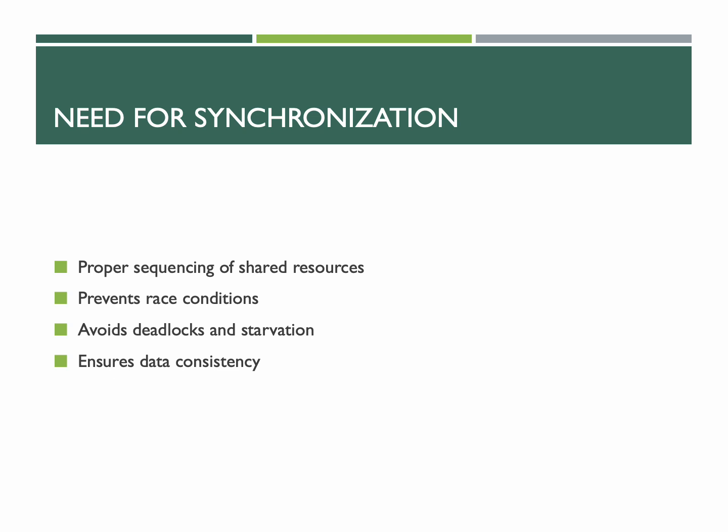First of all, we need it for proper sequencing of shared resources. Synchronization ensures that processes access shared resources in an orderly manner, avoiding issues like two processes modifying the same data at the same time.